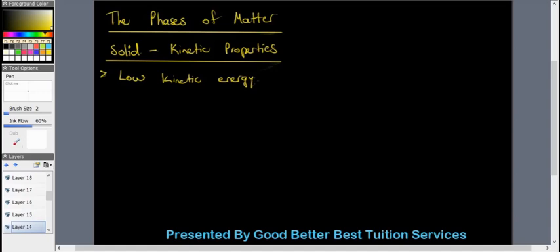And a vibration is usually not a big movement. It's usually a small movement. So they're very low kinetic energy. They vibrate, but they vibrate in fixed positions. They don't move positions, they just vibrate where they are.